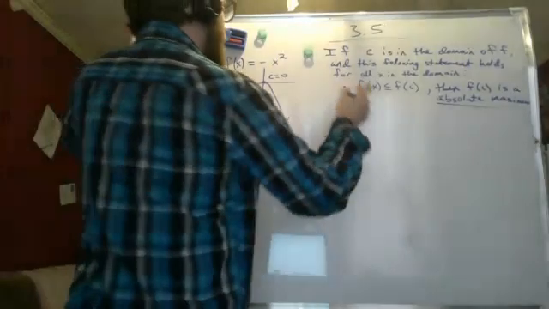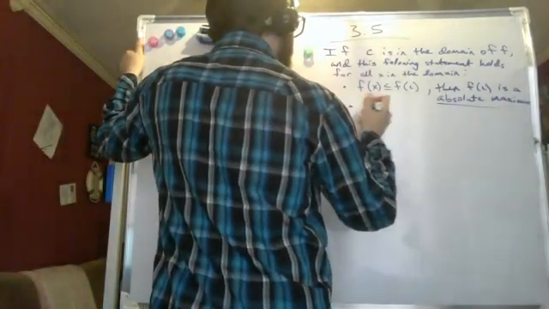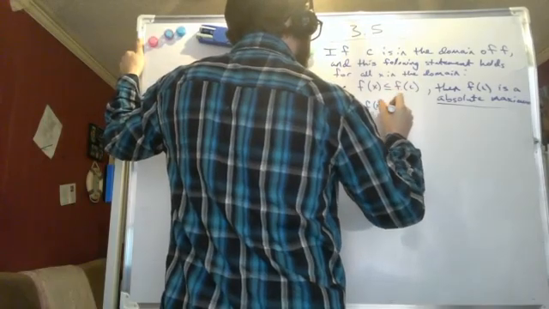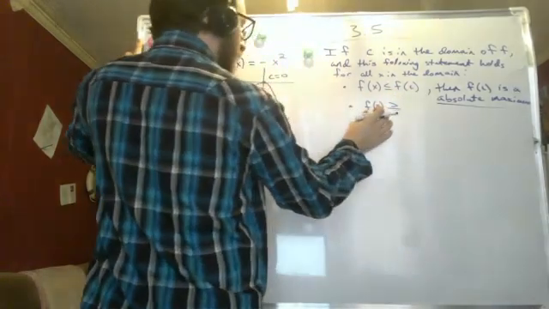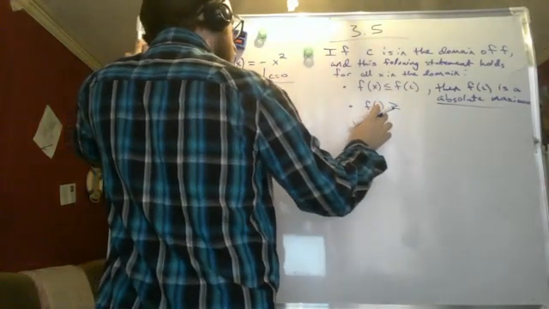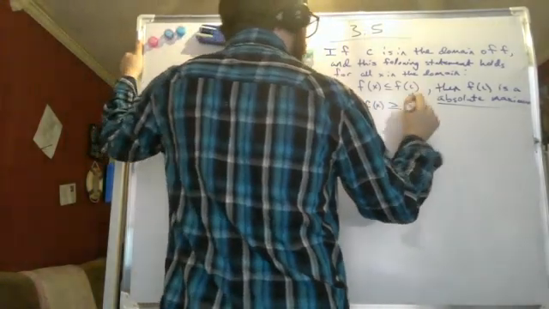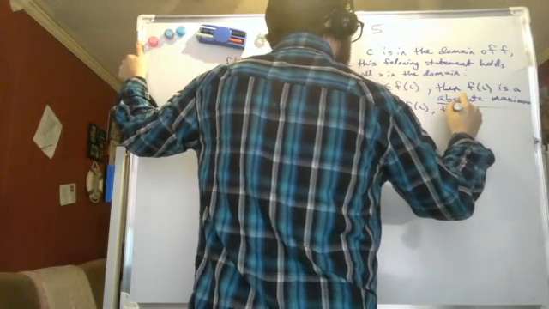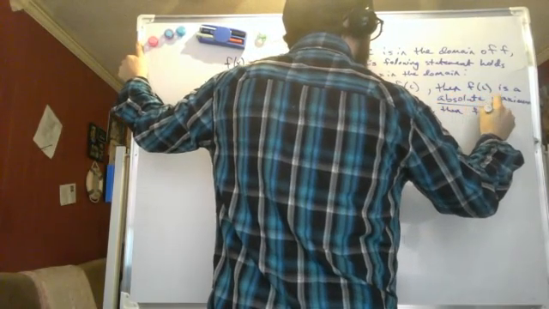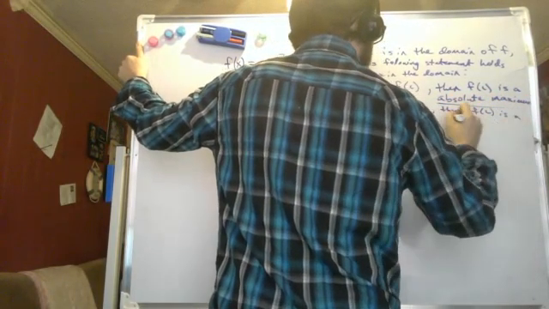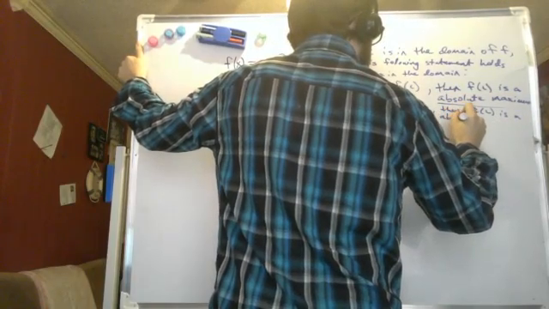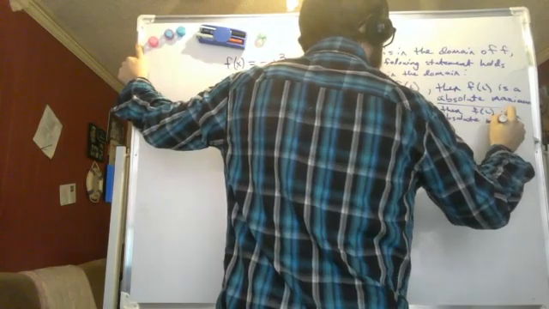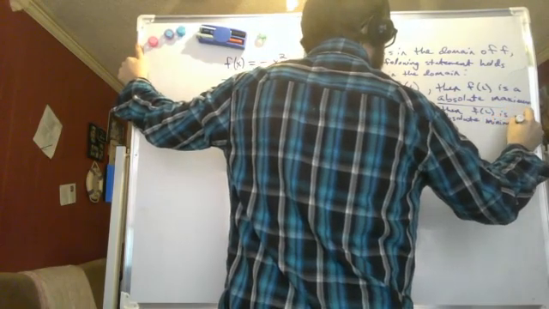Well, by the same definition, if we flip it, if f of x is instead greater than or equal to f of c for all the x values, then f of c is an absolute minimum.